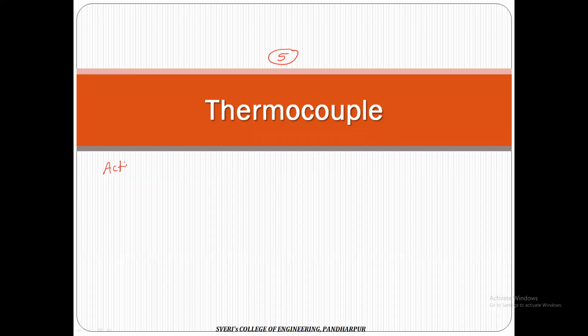Why do we say active? Because the thermocouple measures temperature. This temperature is the input parameter for the thermocouple, and it is converted into an electrical signal, which is our output signal.